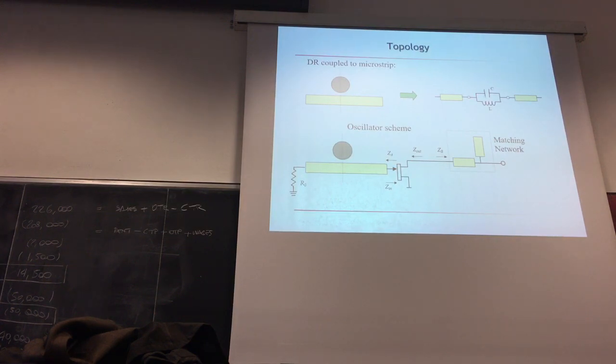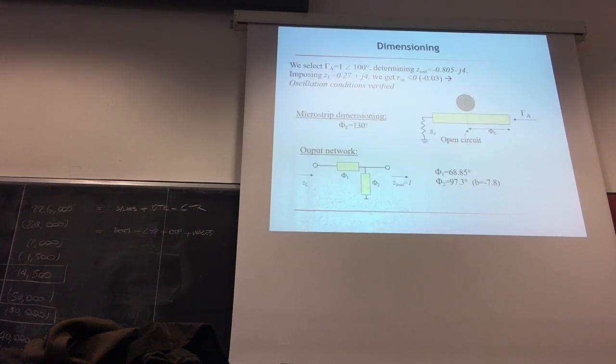Okay, this is the way we have represented the dielectric resonator, and this is the oscillator scheme. For the dimensioning, as I said before, we have set this length in order to get this value of gamma A, in order to have Z out with a negative real part, and then gamma out in magnitude larger than 1.